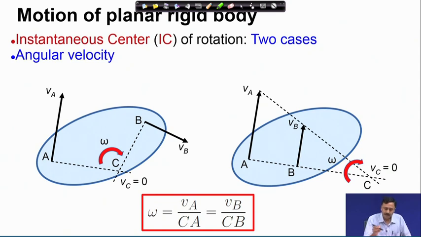Now, there is something to be understood here. When I say V C is 0 and C is the instantaneous center of rotation, as I have mentioned, you can imagine that at this instant point C is hinged to the ground.